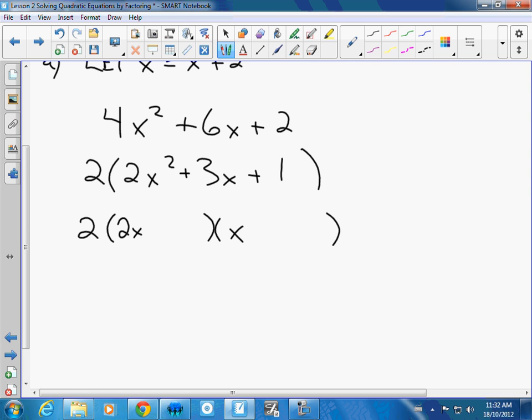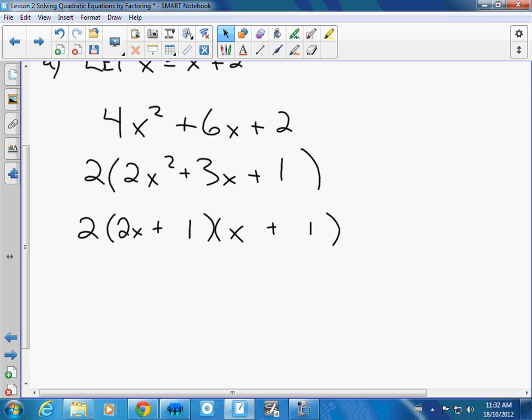What are the only 2 factors of 1? 1 and 1. Wow, that was tough. What does this sign mean? This positive in front of the 1. It means both signs are the same. So then we look in front of the 3 and they're both positive. Are you unsure if that's the right answer or not? How do you check? FOIL.